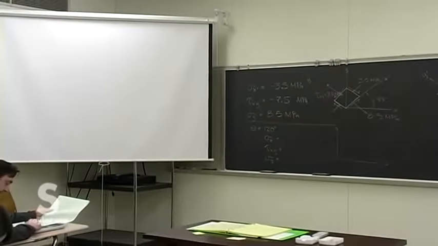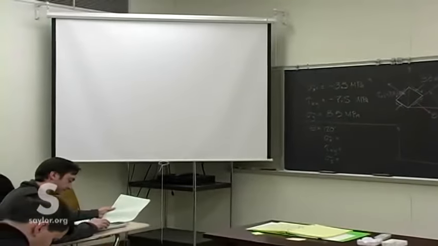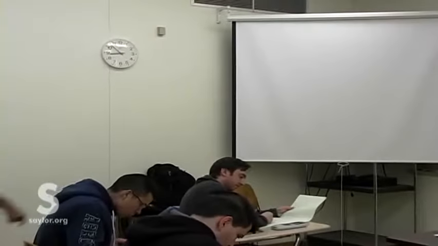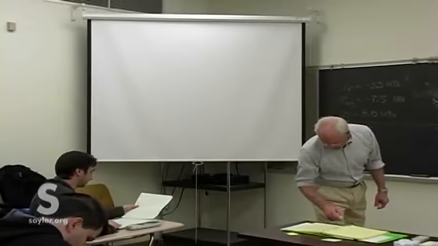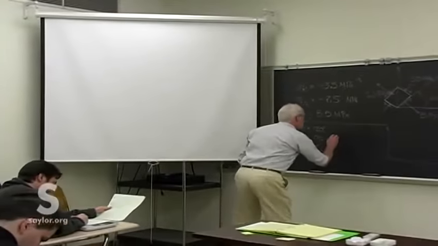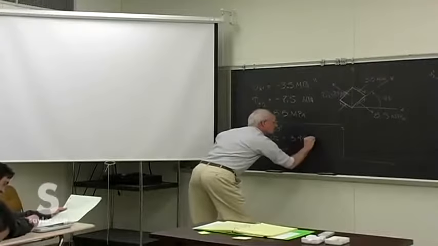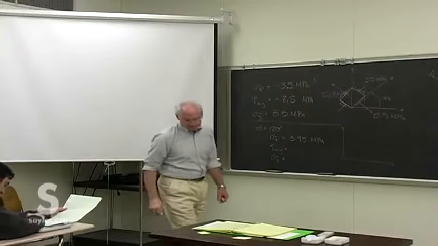Everybody agree? We check. Did you make your drawing? Oh, come on, I know you can calculate these numbers, that's nothing. I want you to make the drawing. Sigma x prime, 395 megapascals.